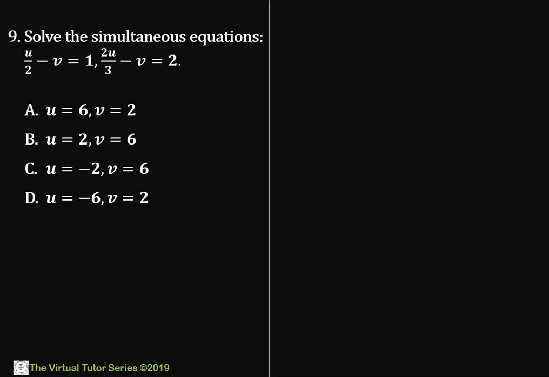Question 9. Solve the simultaneous equations u over 2 minus v is equal to 1 and 2u over 3 minus v is equal to 2. Solution. Here are our two equations.